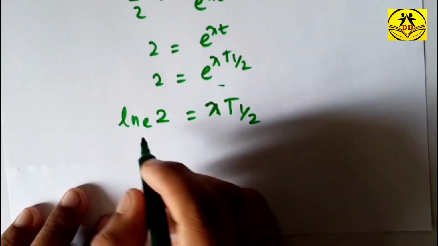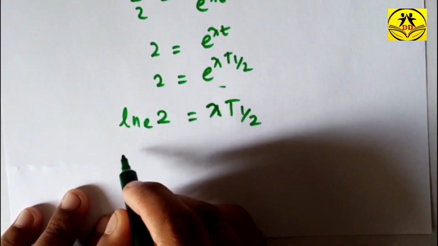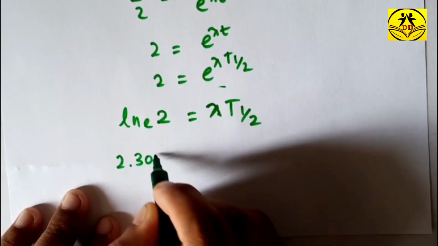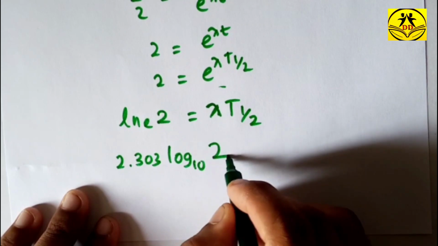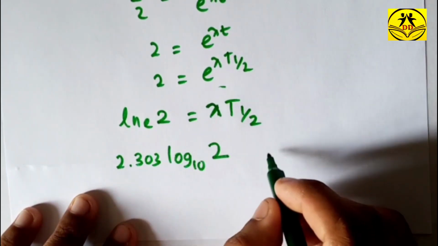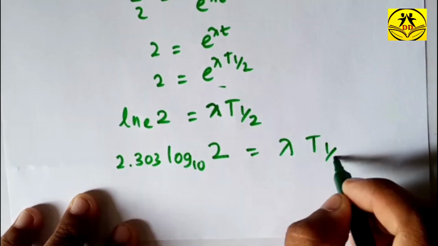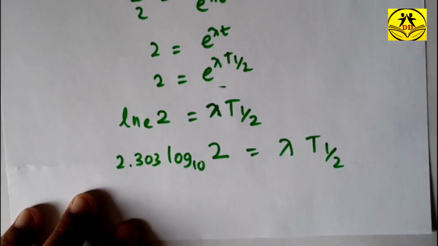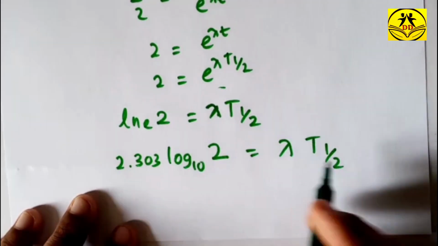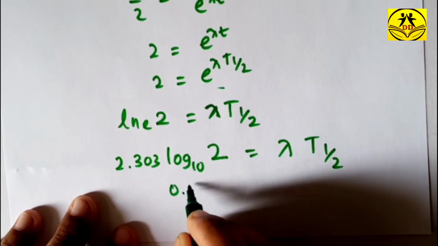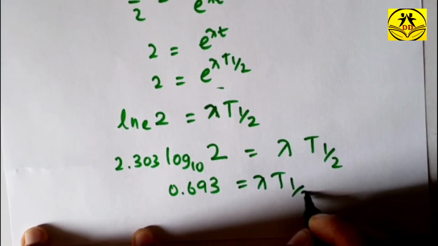So removing this ln e, I am going to multiply by 2.303 log 10, and I'm writing lambda t half. So after simplifying this value, I'm getting 0.693 equal to lambda t half.